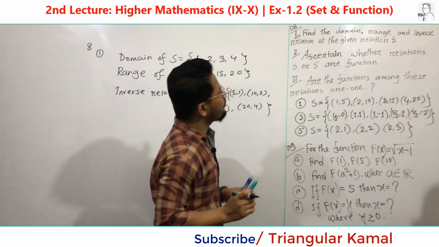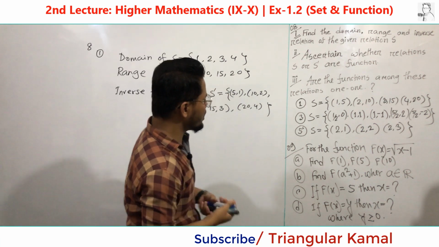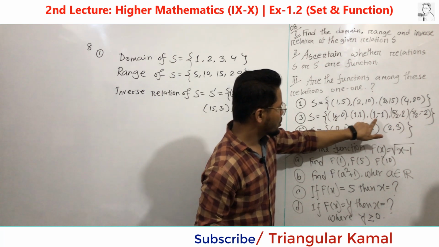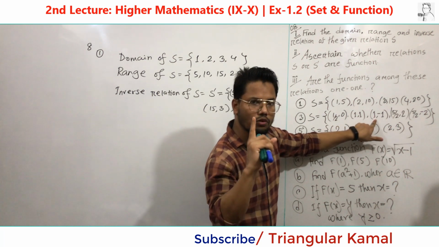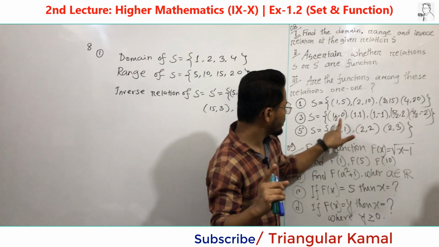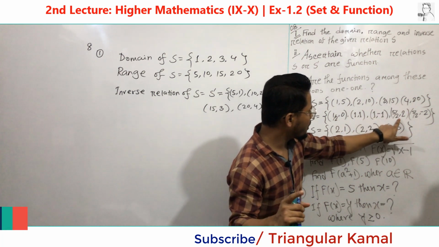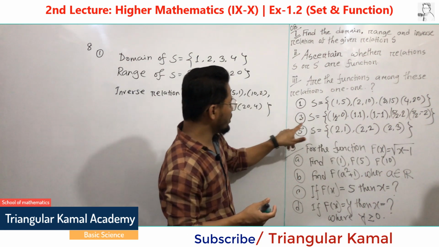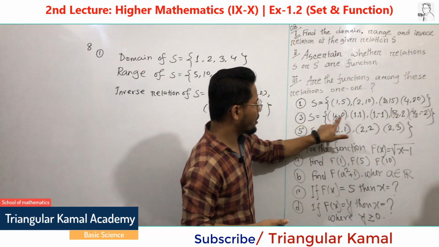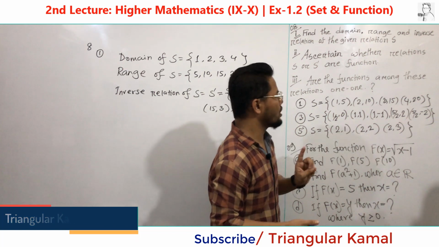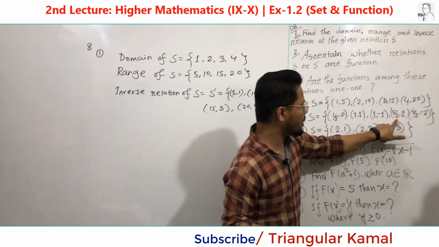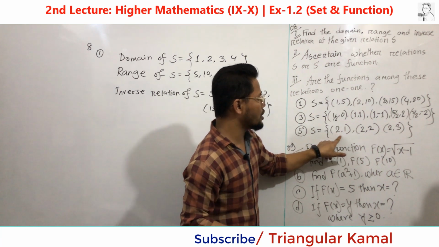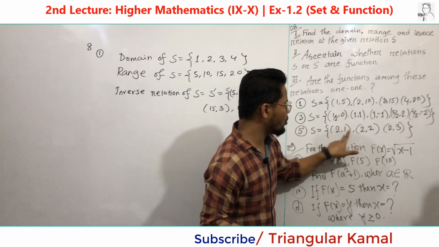So the first is done, and similarly for number 3, the domain will be half and 1. There are repeating terms, so 1 will be written a single time, so half, 1 and 5 by 2, and 5 by 2 is also repeating here. So the domain of 3 will be half, 1 and 5 by 2, and the domain of number 5 will be only 2, since there are repeating terms 2, 2, 2.